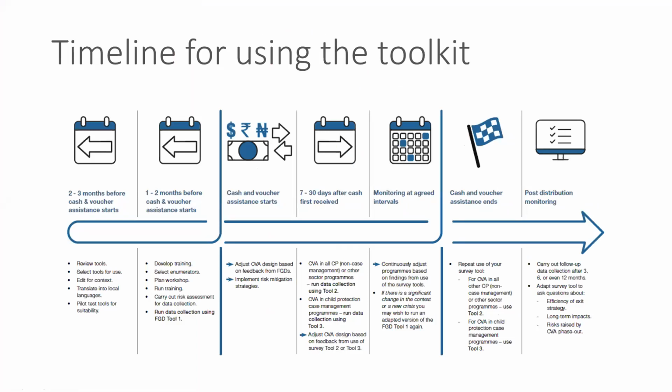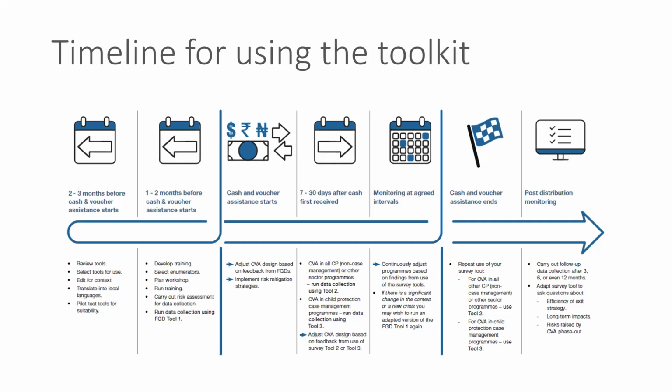So ideally, whenever possible, 2 to 3 months before you start cash and voucher assistance, you would start looking at this toolkit with your teams, select which one you're going to be using, which one is the most appropriate, adapt it to the context, potentially translate it into the local language, and start training your team or start piloting test tools for suitability.